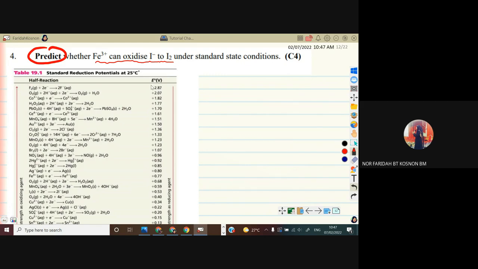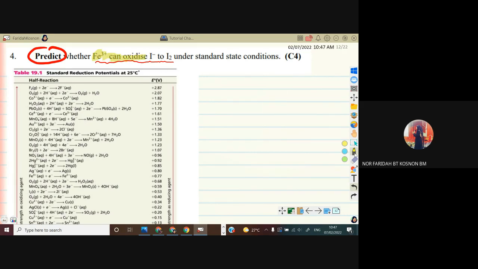Okay. First of all, you kena faham ayat soalan ni dia pasal apa. Okay. Dia kata ramalkan. Adakah iron 3 plus boleh mengoksidakan iodide ion to iodine pada standard condition? So, bila dia kata can oxidize, iron 3 plus ni boleh tak oxidize?